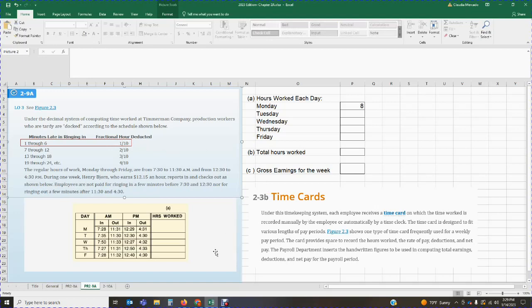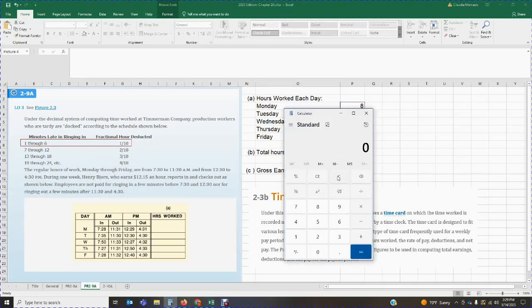Because he was late 5 minutes, we're going to have a fraction of the hour of 1/10 deducted. If it's 1/10, we're going to do 1 divided by 10. That means we're going to deduct 0.10. Out of the possible 10 that could have been earned, we're going to deduct 0.10.